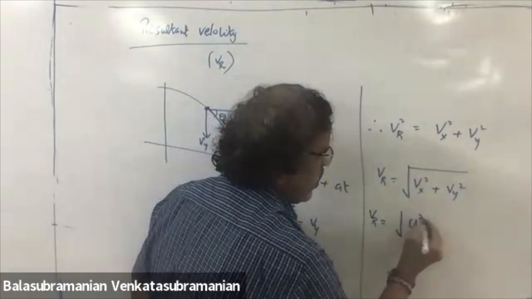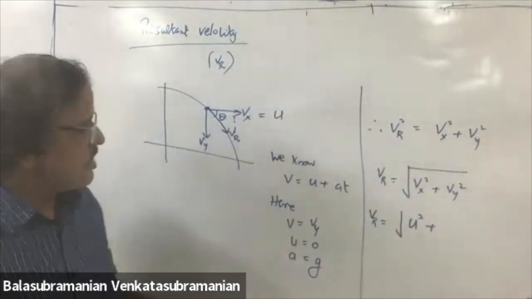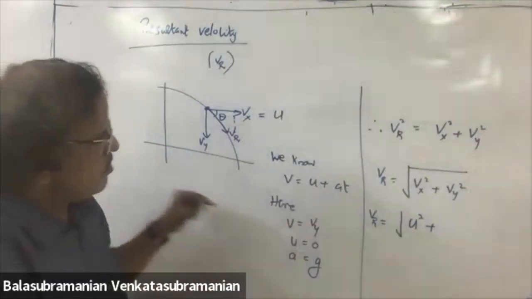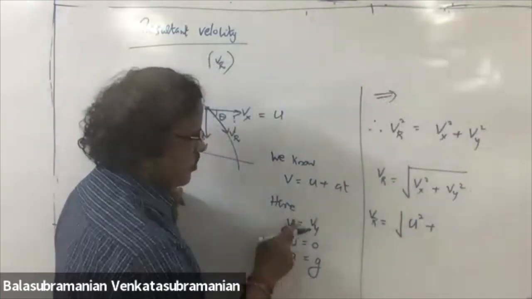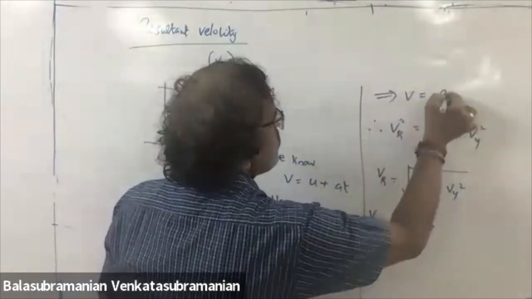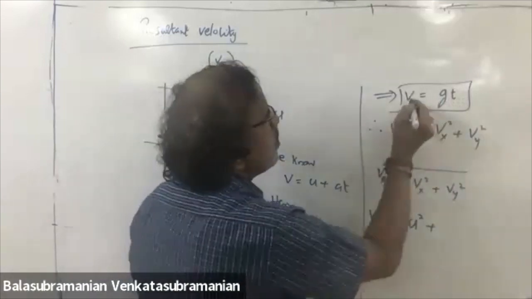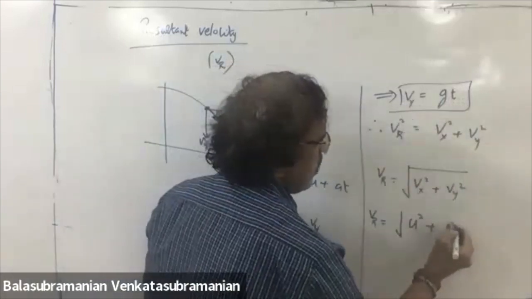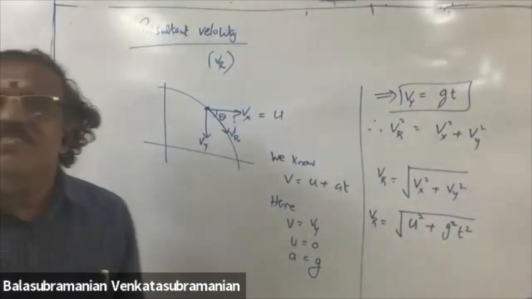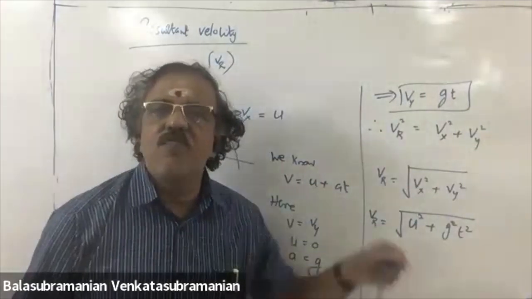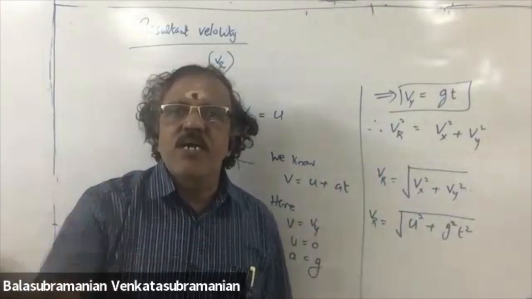U square, plus Vy square is what? Vy is equal to gt. So, plus g square t square. This is the resultant velocity of a projectile projected from the top of the building.